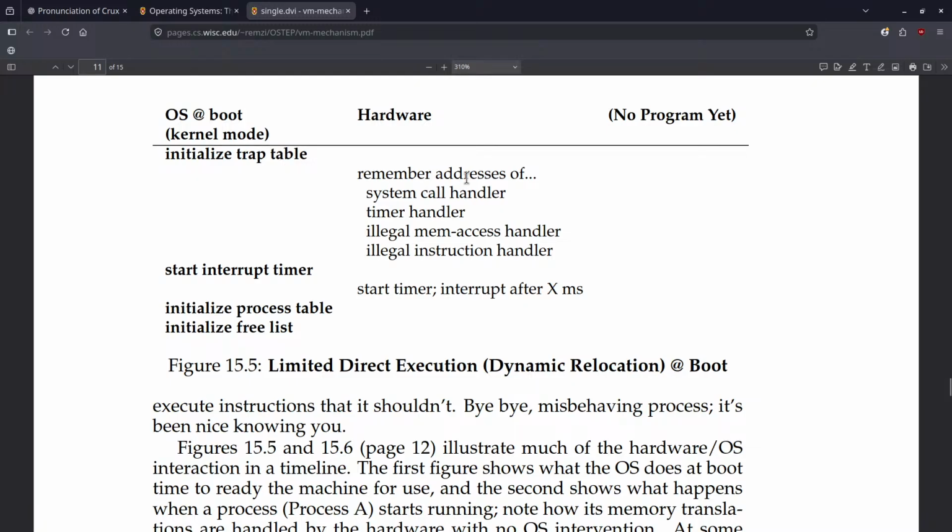Initialize trap table. Remember the addresses of system call handlers, timer handlers, illegal memory access handlers, illegal instruction handlers.